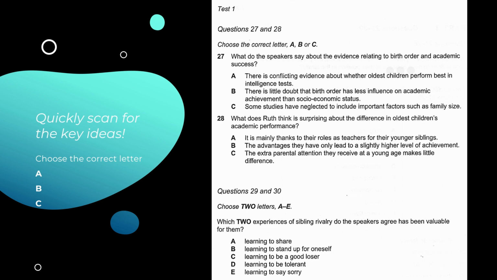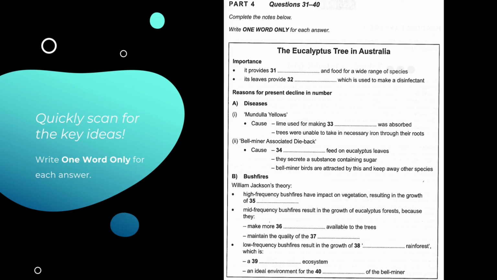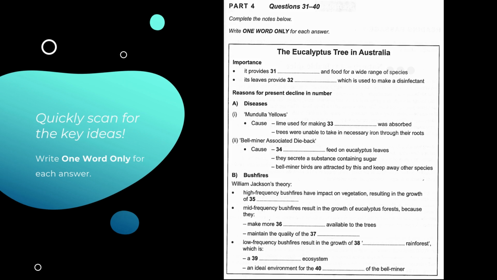That is the end of part 3. Listening test part 4. You will hear the script for the question. Before any listening test, underline the key ideas and terms for each question. This way you know what to listen for. Quickly scan for the key ideas. Write one word only for each answer. Part 4. You will hear a student giving a presentation about a type of tree known as the eucalyptus, which is common in Australia. First, you have some time to look at questions 31 to 40.